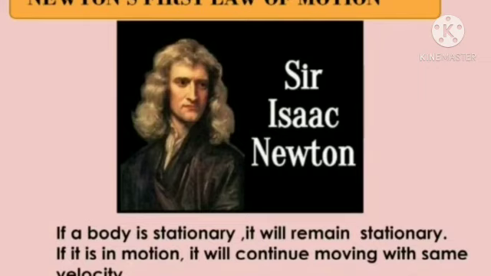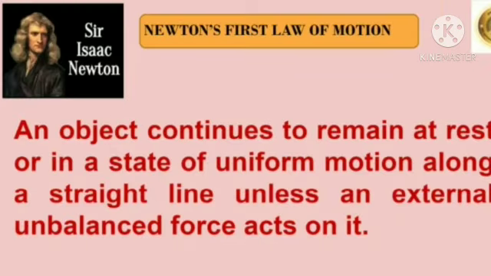The body will not show acceleration. If a body is stationary, it will remain stationary. If it is in motion, it will continue moving with the same velocity and in the same direction. If the force acting on the object is zero, then its acceleration is also zero.